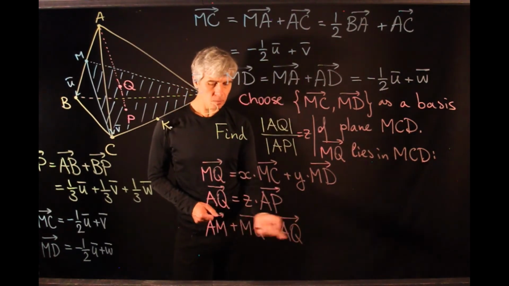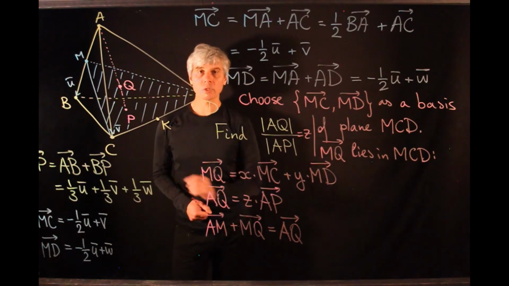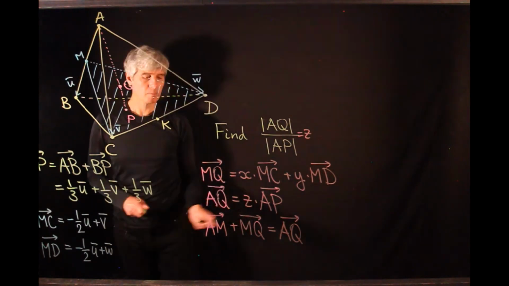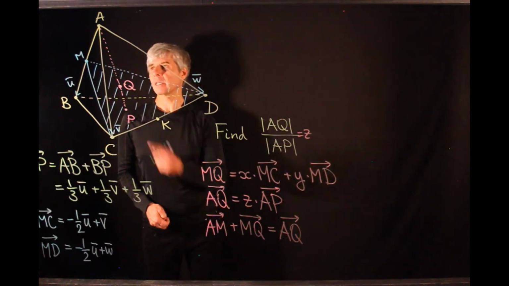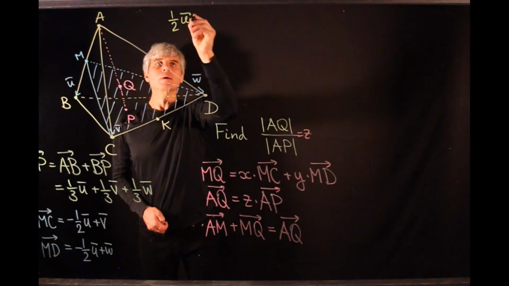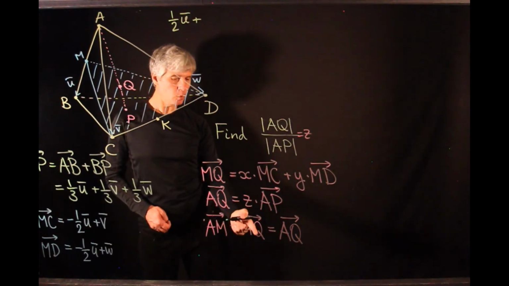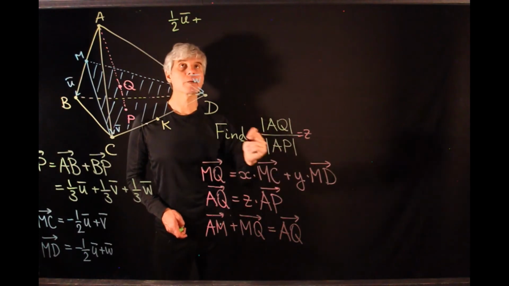Let us now take this equality and substitute for these vectors our expressions in terms of U, V, and W. We begin with the left-hand side. AM is 1/2 U plus MQ. MQ is X times MC plus Y times MD.